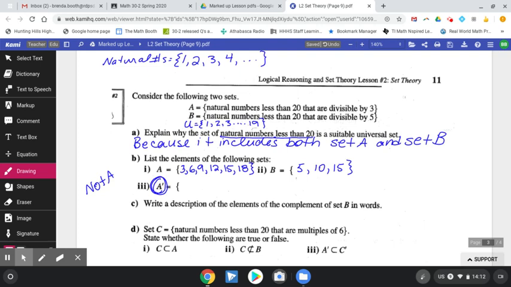So it would not include 3, 6, 9, 12, 15, and 18, but it would include all the other numbers from the universal set.